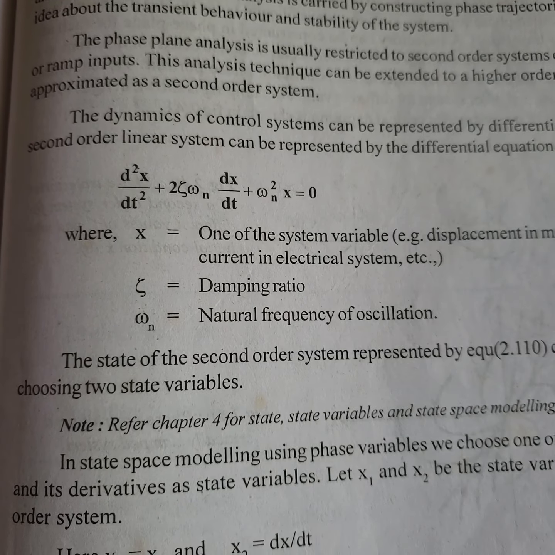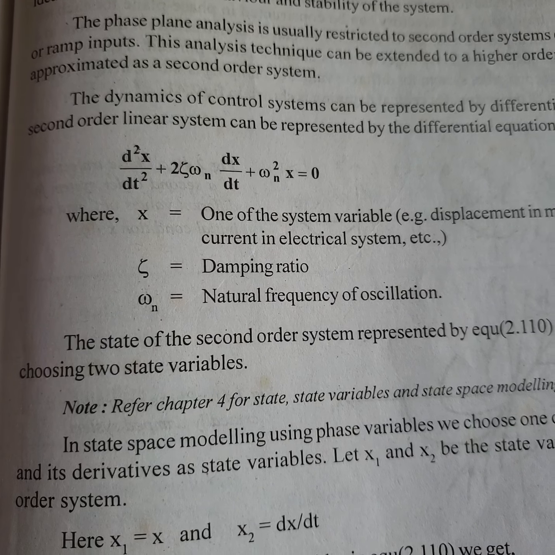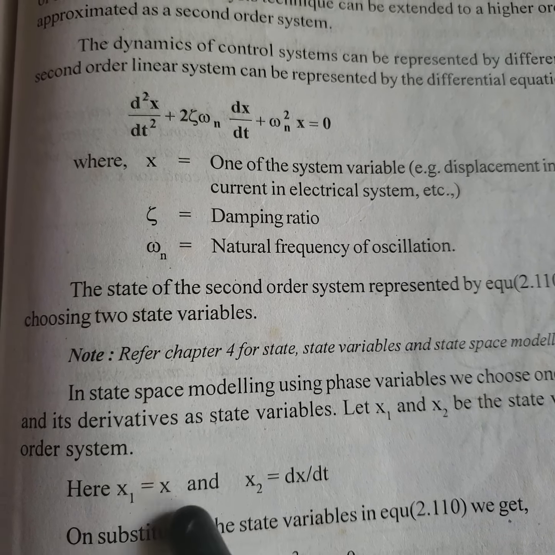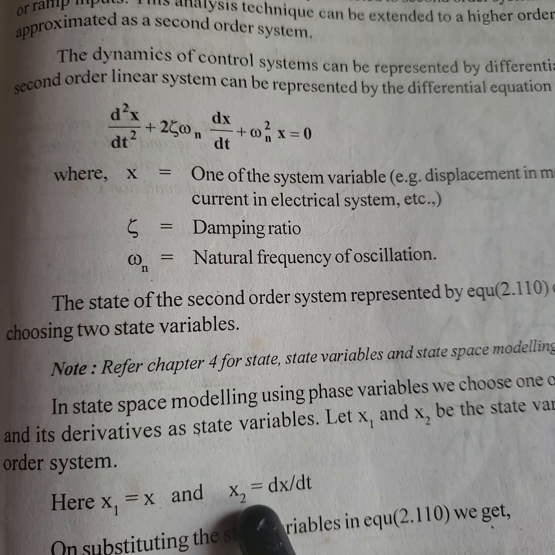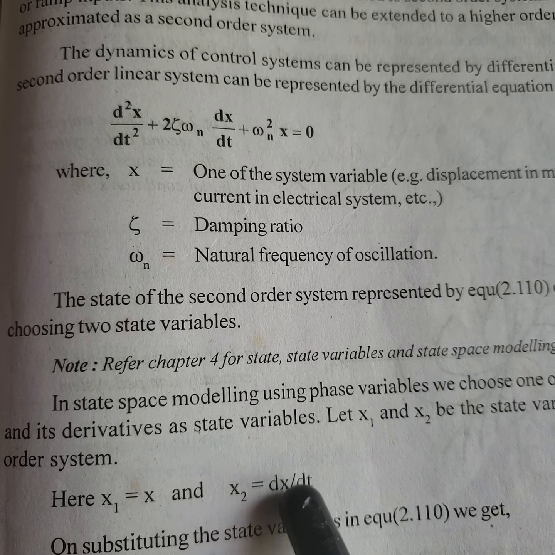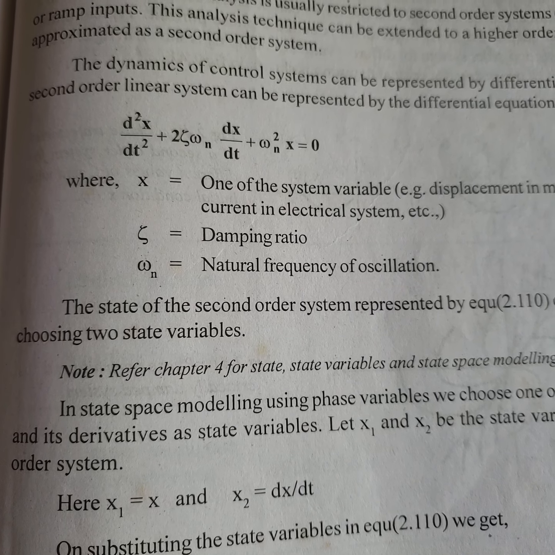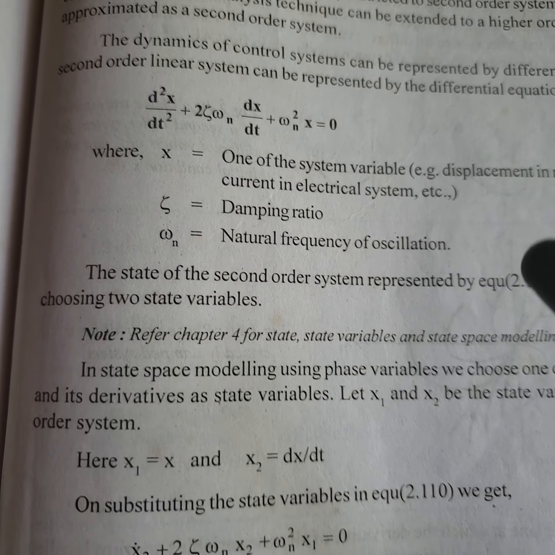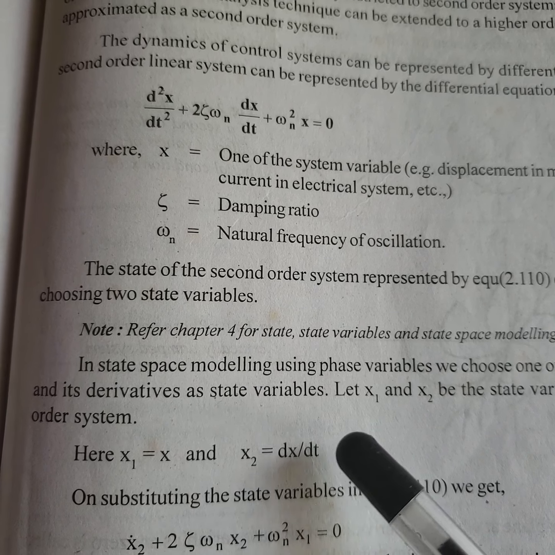Now we convert this equation to a state equation model. That means we take x as x1, so x1 dot equals x2, where x2 is dx by dt.